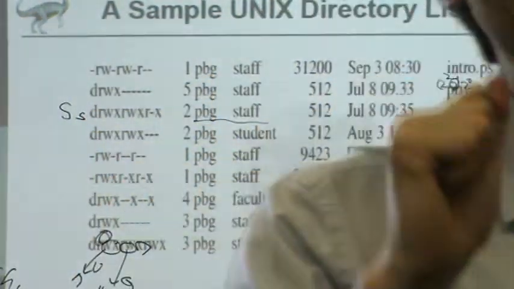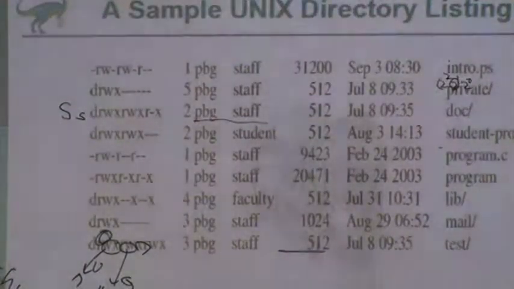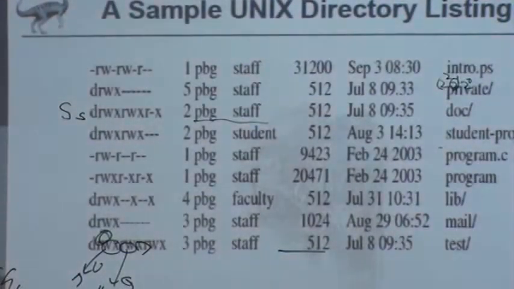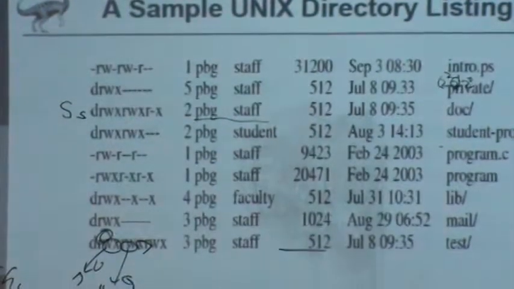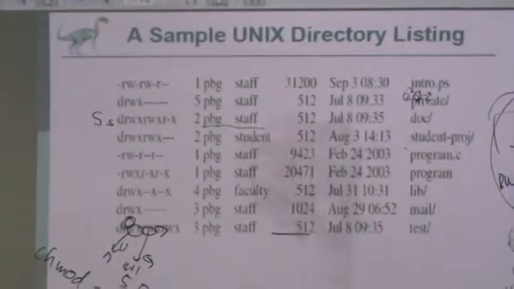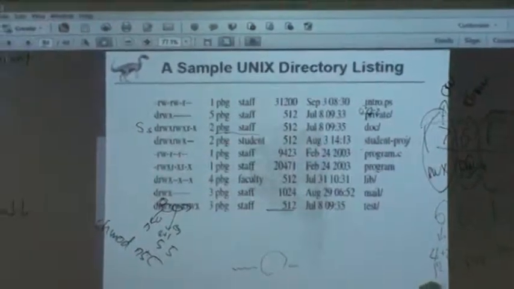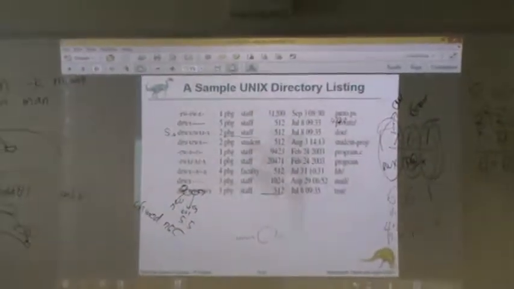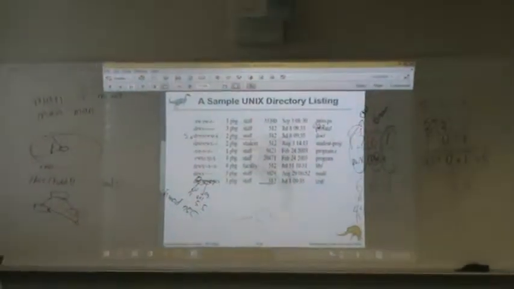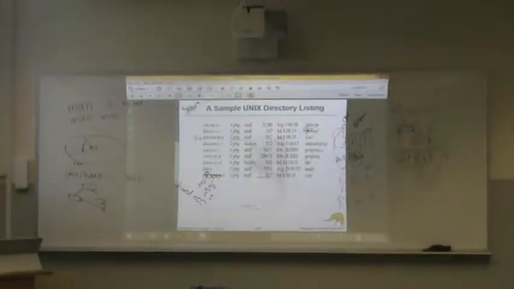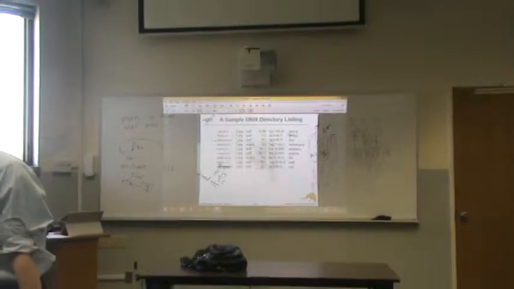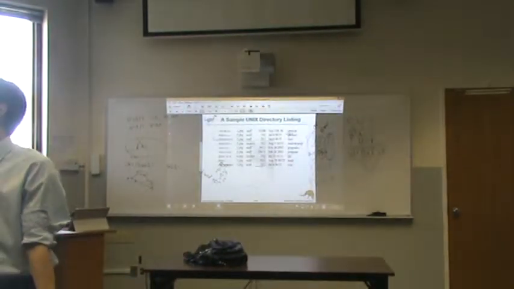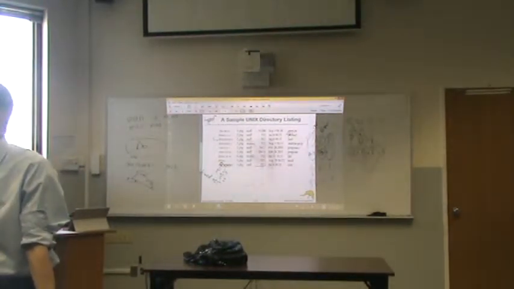Why don't you find what is the small s and large S in the file permission? No more than half a page. Do not write a paper. Just a very simple definition of s and large S. What is that in operating system for file permission?